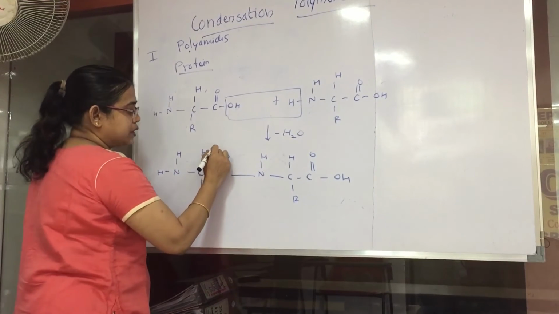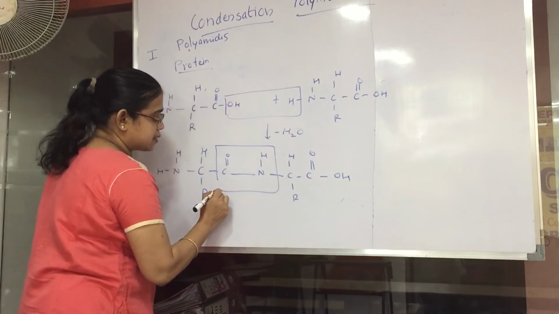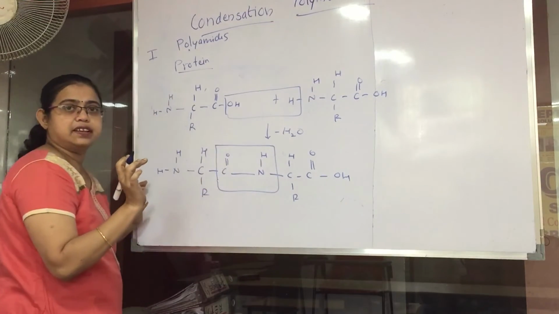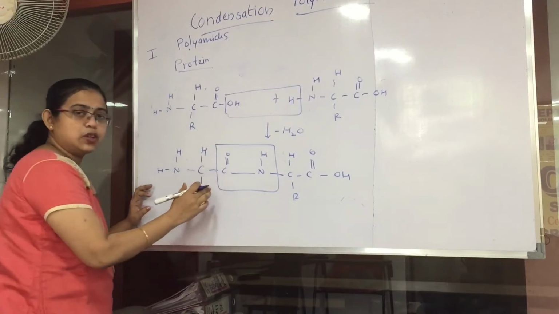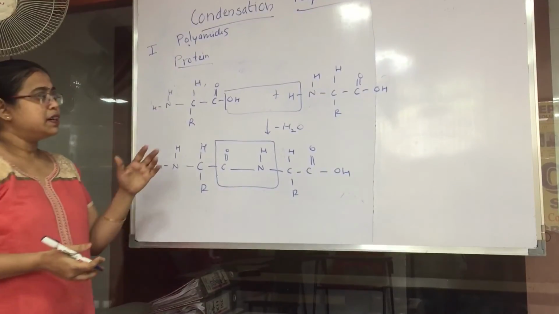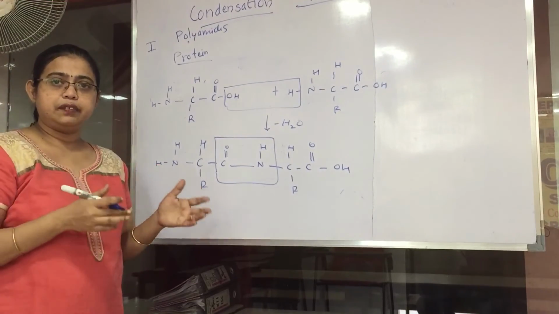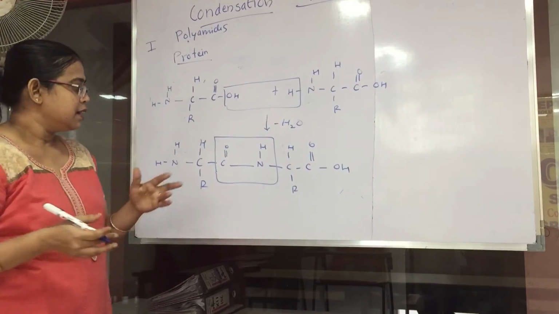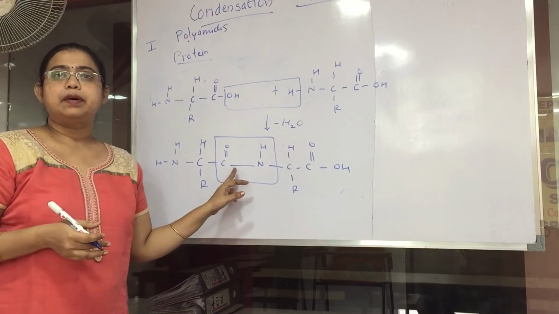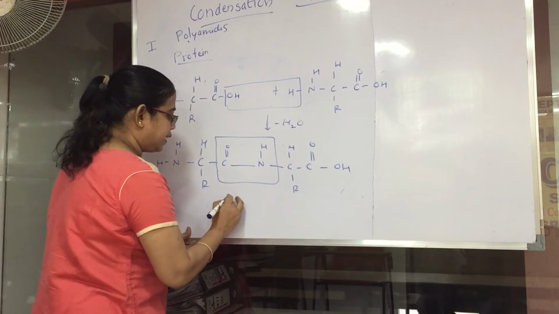So we'll notice one special thing again about this, we have a CONH linkage. So this is also basically a CONH linkage or an amide linkage, but since proteins are formed in living things, or they are found in living organisms or plants or animals, that is the reason instead of calling this an amide linkage, we'll call this a peptide linkage.